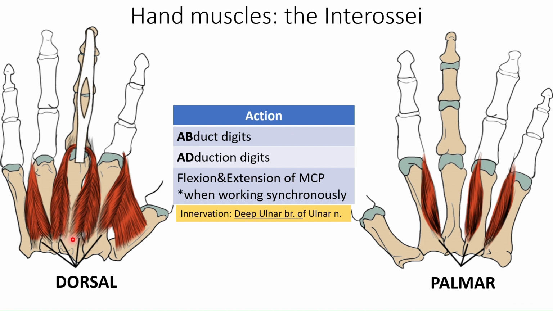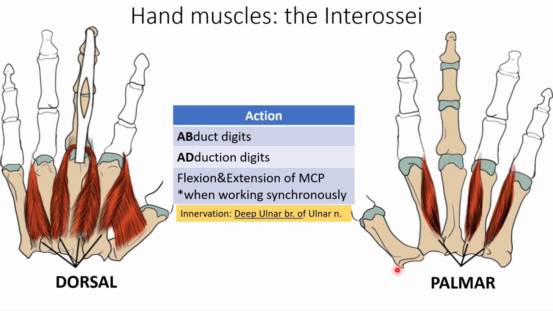The interossei muscles are intrinsic muscles of the hand, located between the metacarpal bones. They consist of 4 dorsal muscles and 3 or 4 palmar muscles. These muscles are responsible for adducting and abducting the digits away and towards the midline, respectively.